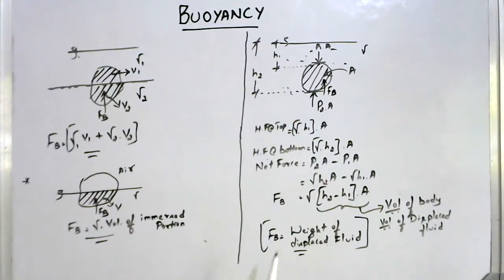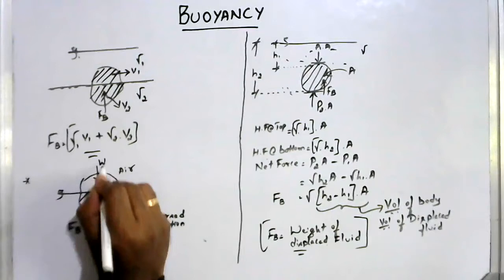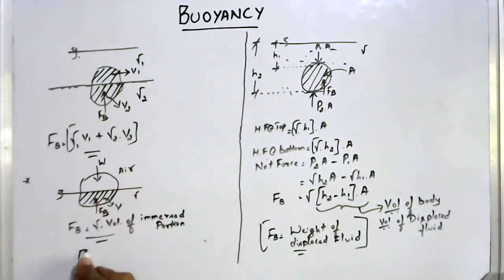As I have told here, the buoyancy force is nothing but equal to the weight of the displaced fluid. In this case, the body which has to float has to develop an equilibrium condition, and the weight of the body will always act vertically downwards. So when the force of buoyancy is equal to the weight of the body, then we can say the body will float.